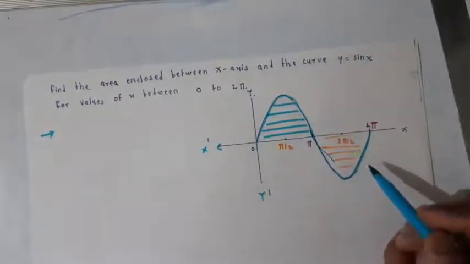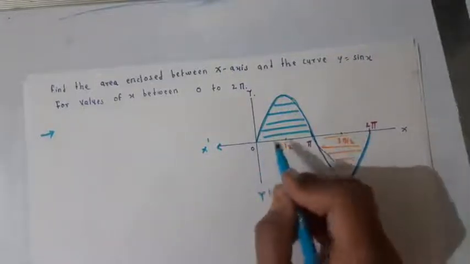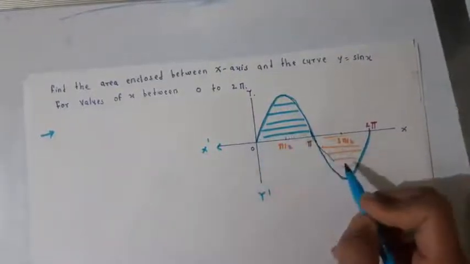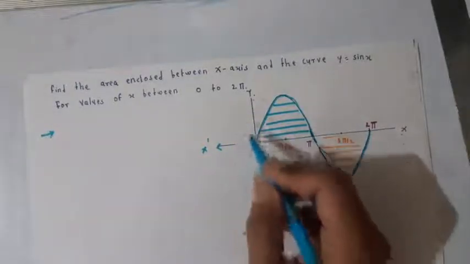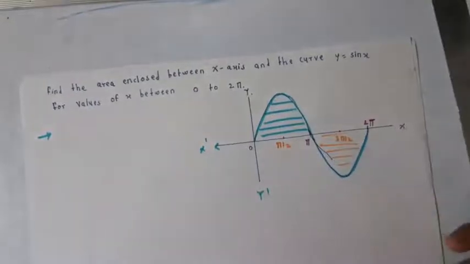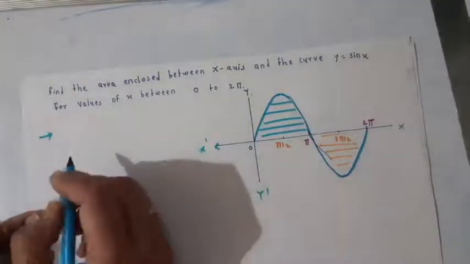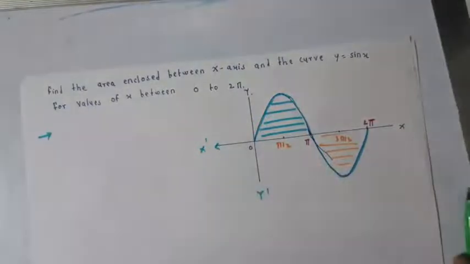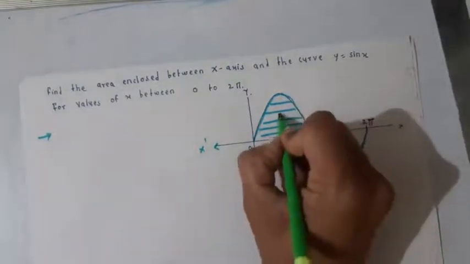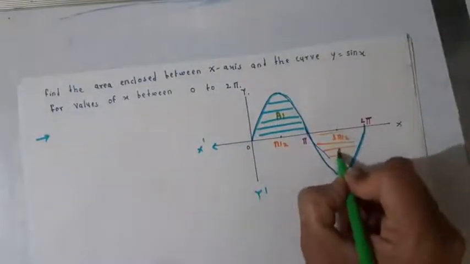Suppose here this is positive and this is negative. This is the y-axis, this is the x-axis. Now first find out the area A1. We consider this is area A1 and this is area A2.